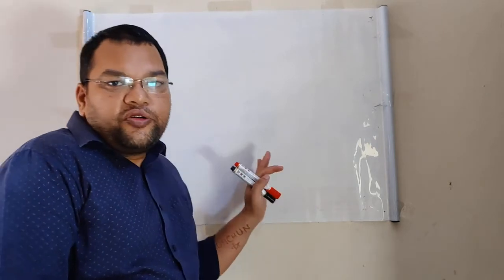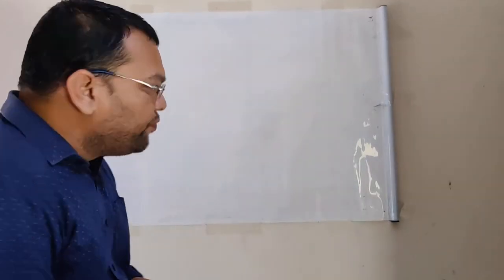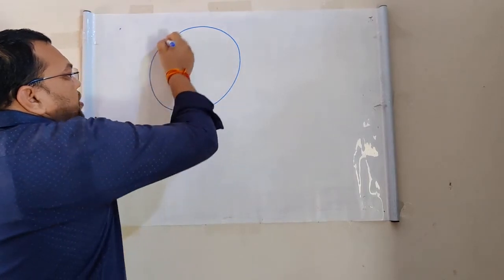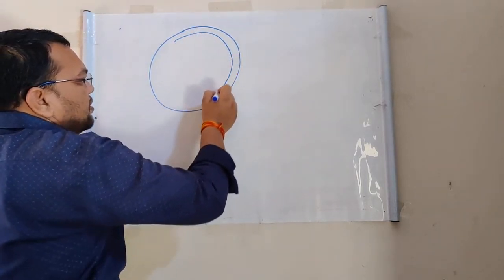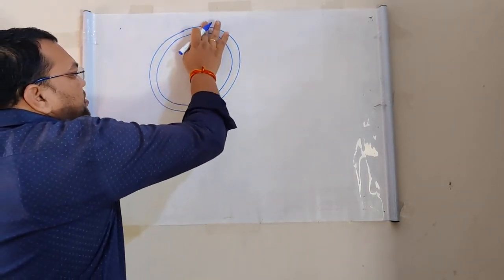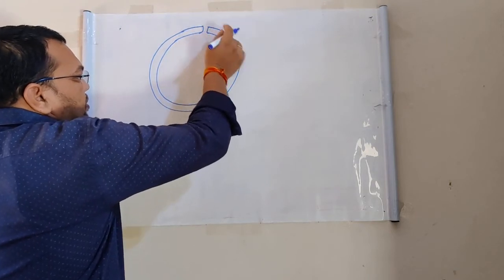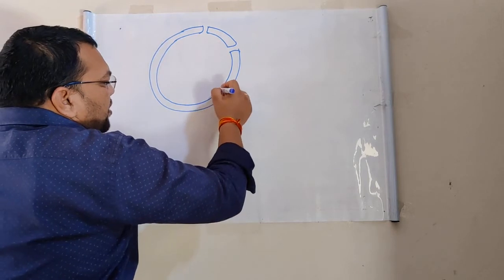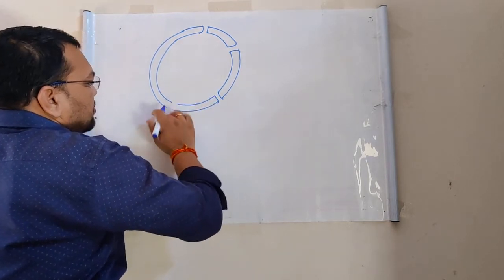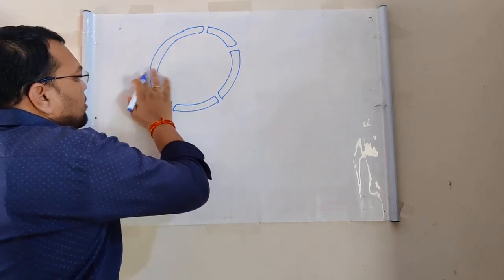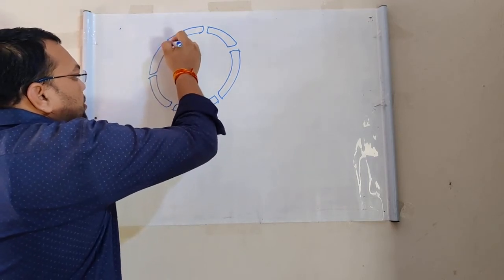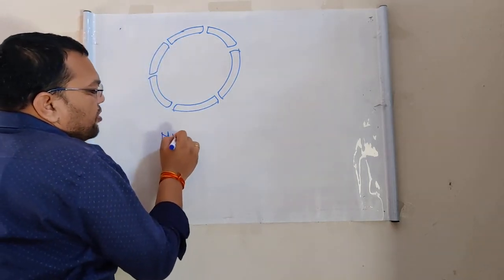I am going to draw the structure of the nucleus for you. Just see. The nucleus is a double membrane structure. This is the nucleus.